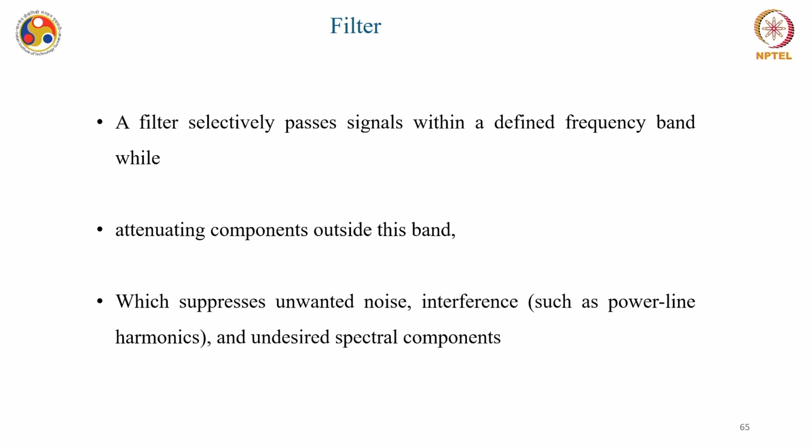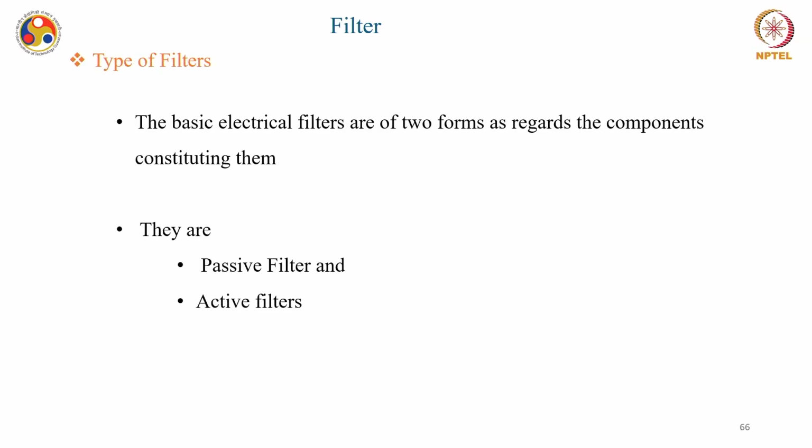We have also discussed filters. We discussed that a filter selectively passes signals within a defined frequency band while attenuating components outside this particular band. So this helps us in suppressing noise, interference and any undesired spectral components. We have seen two different types of filters, active and passive filters.